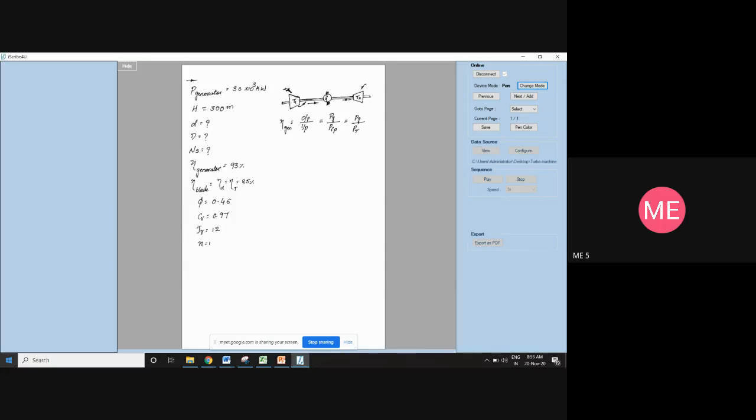Will you agree with this? That means the power output from the generator is PG, and the input for the generator is the output from the turbine. This itself is the input, no? So I can write like that.